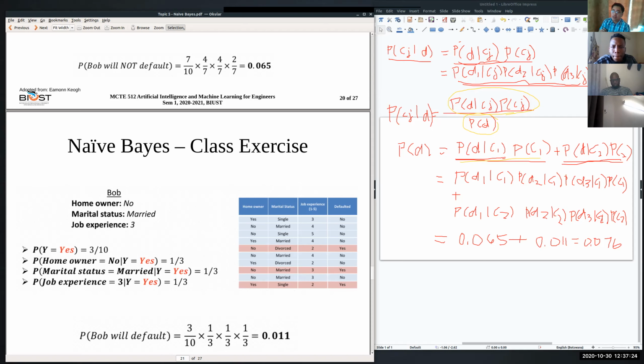But based on the Bayes theorem, how is this conclusion related to the Bayes theorem, which we have seen is not equivalent to Bayes theorem because the probability of the denominator is not equal to 1? It is not equivalent. But the judgment will still be the same even if we compute the Bayes theorem. Our judgment of Bob not defaulting will still be the same. Why?